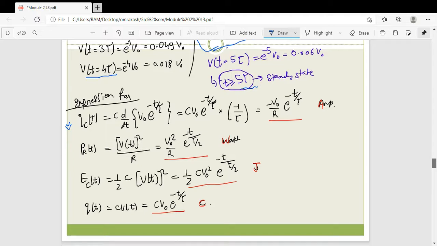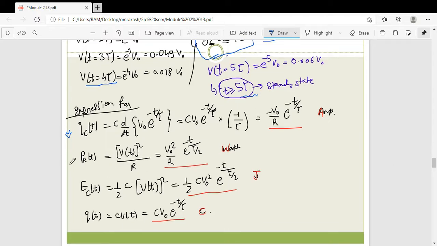Similarly, now see the calculation of power. What is the basic equation? This is the power for the resistance, so V square by R. Now put the value of this, and you will get this power. Similarly, for instantaneous energy, EC is equal to half CV square, right?